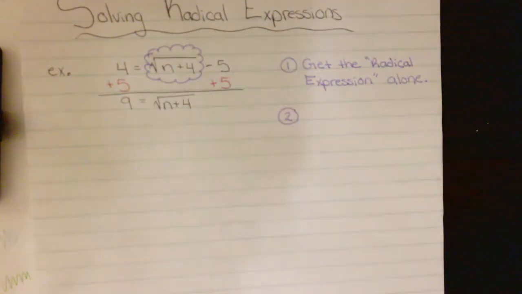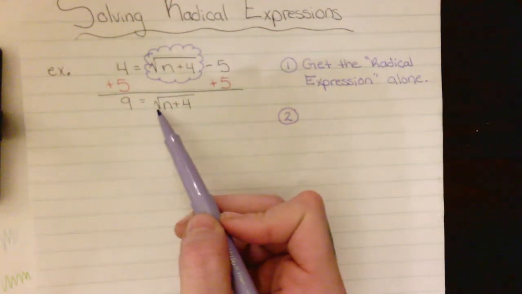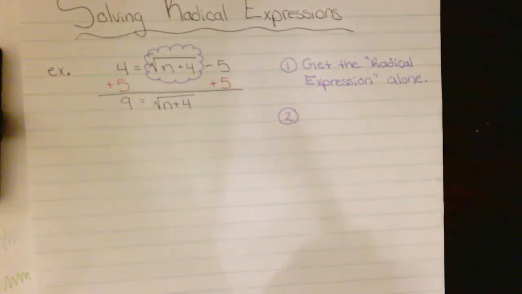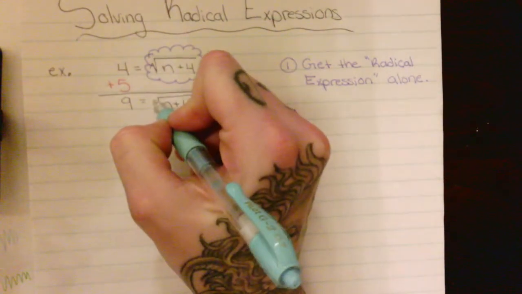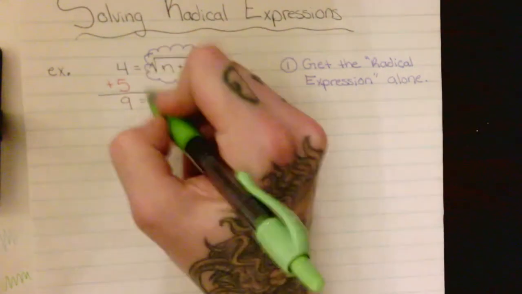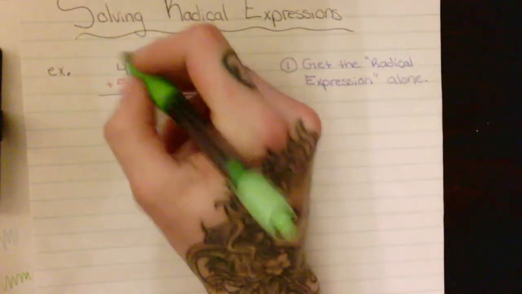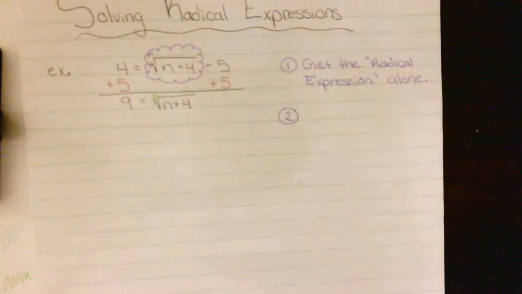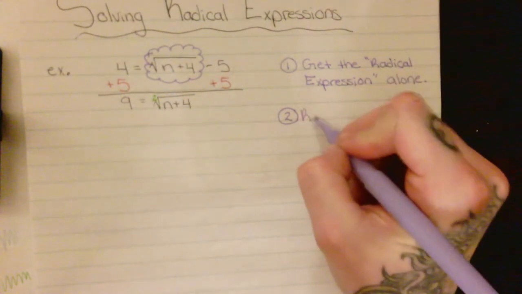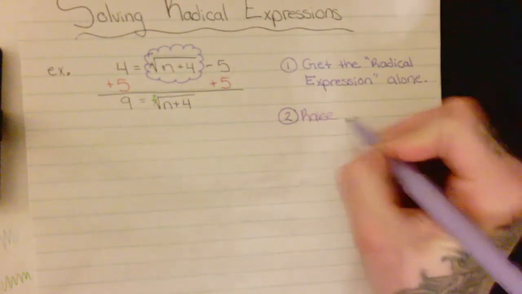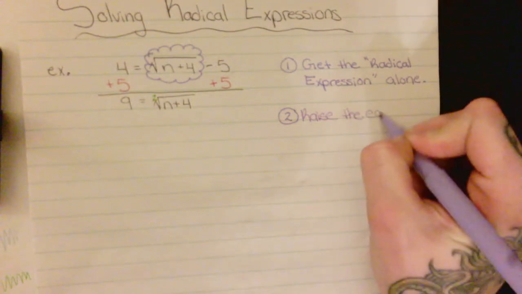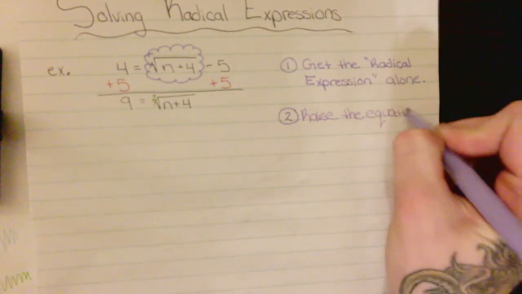Step 2, we need to eliminate this radical sign. Whatever root this radical sign is, we're going to raise the equation to the power of the root.